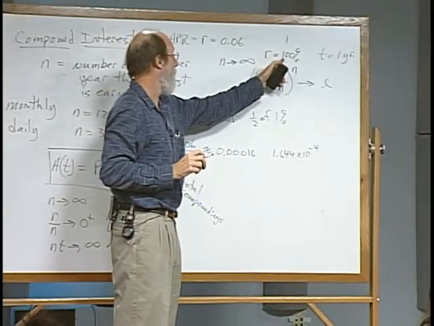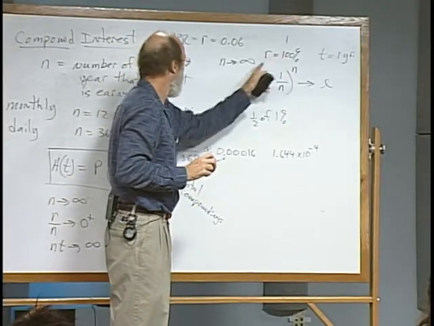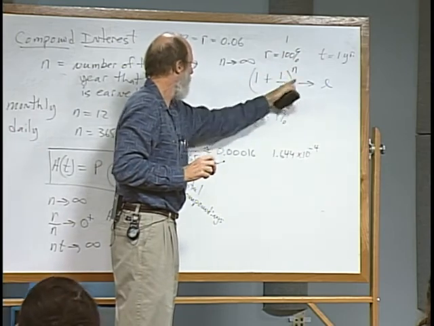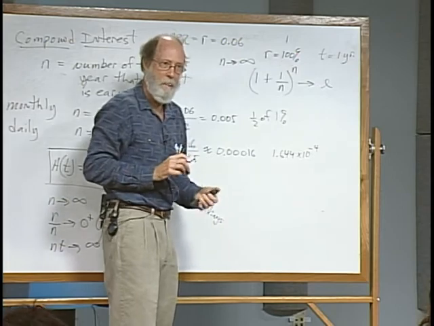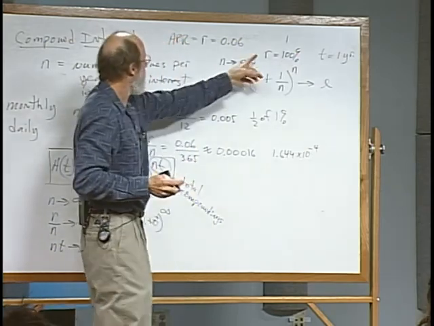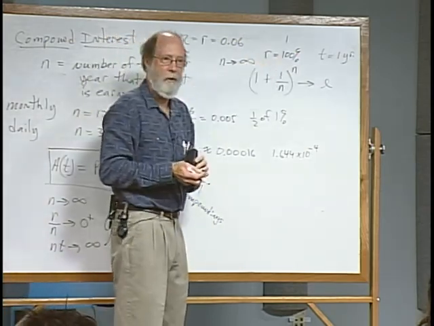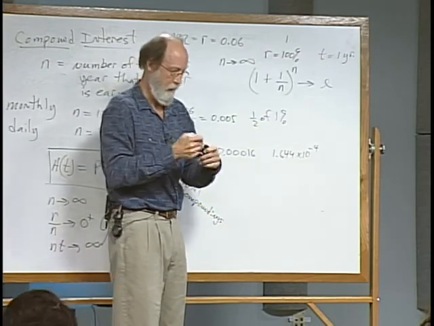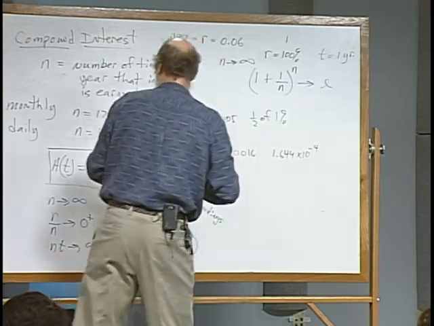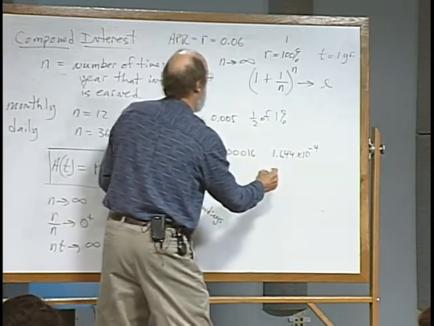If the percentage rate is 100, then this base here, this thing that I'm going to call the base, is just going to be a number. It's approaching a value of E. I wonder what would happen if this R was something else, like 6%. So let's take, give me a little more space on the board here.